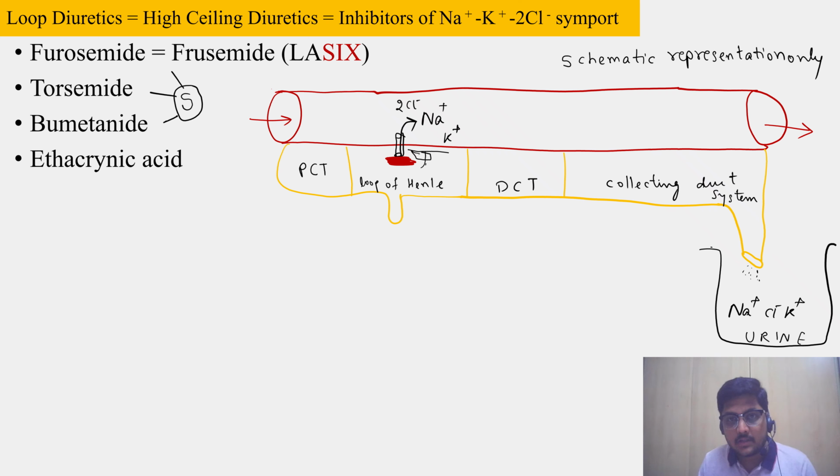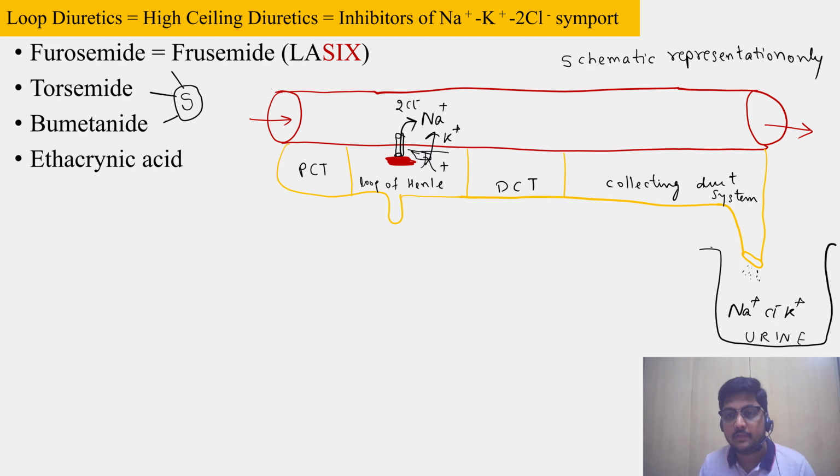During physiology, when sodium, potassium and chloride ions are reabsorbed, there will be a small leakage of potassium back into the lumen, so that it increases the positive charge inside the lumen, and this positive charge repels other ions like magnesium and calcium back into the blood vessel.